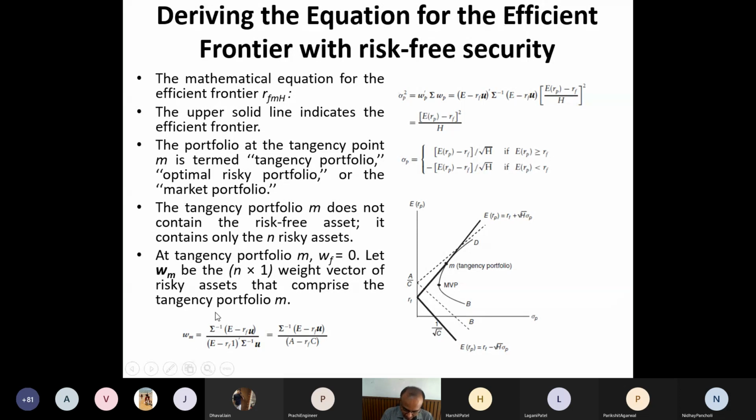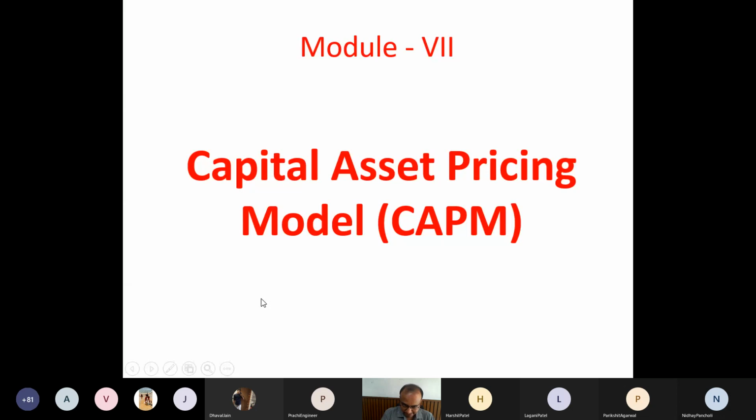And the weights will depend only on three things: U, sigma, and the vector E. Okay, so I hope this is clear.